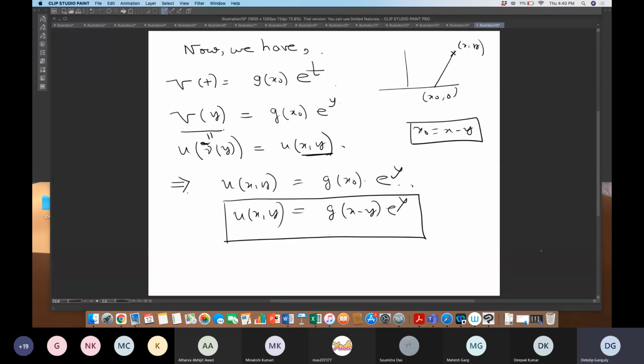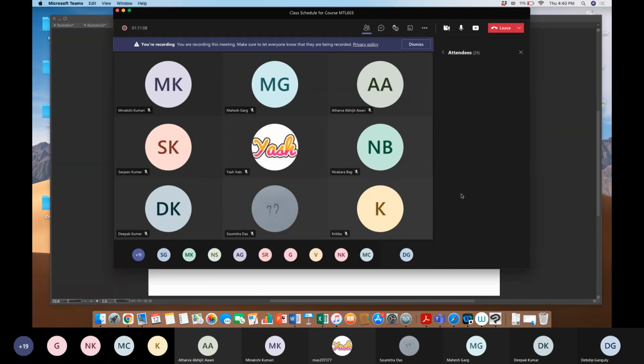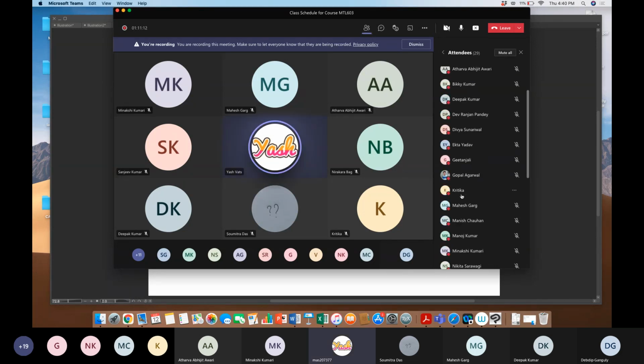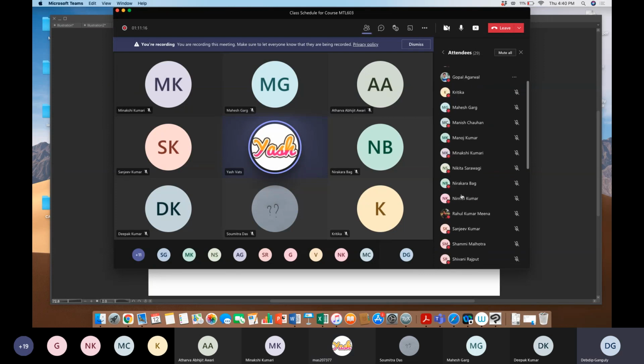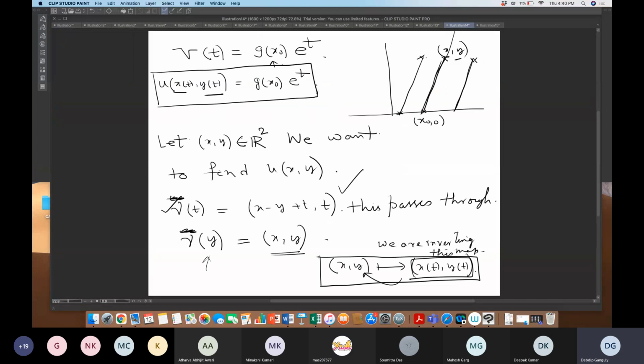You tell me, is it clear or not? Everyone. So can we take any gamma? Yes, are we free to choose? You have to find this. This is nothing but an inverse function. You have to find some kind of gamma t which gives you xy. Some kind of inverse is going on here.